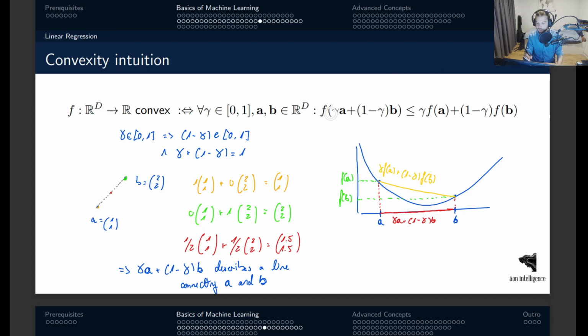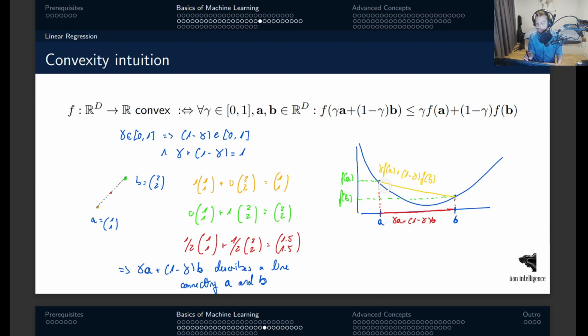This means that the function value of gamma times A plus 1 minus gamma times B should be smaller or equal than gamma times f of A plus 1 minus gamma times f of B. What this means geometrically is that for any point between A and B, this red bit here, we have that the corresponding function value, the plot within this red frame, should be smaller or equal than the line connecting fa and fb with the scalars gamma and 1 minus gamma.